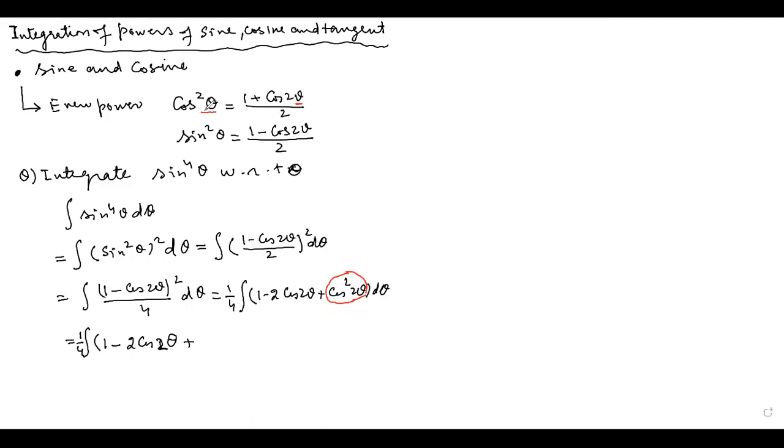If I will replace theta with 2 theta, then the formula will be cos square 2 theta is equal to 1 plus cos 2 into 2 theta over 2. After simplification, it will become 1 plus cos 4 theta over 2.